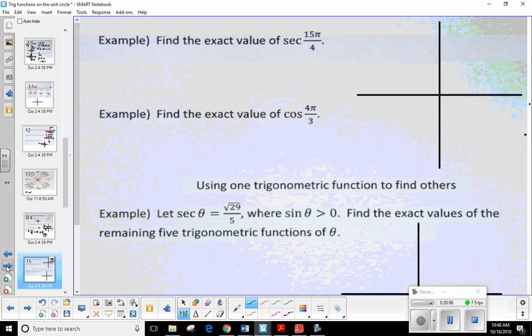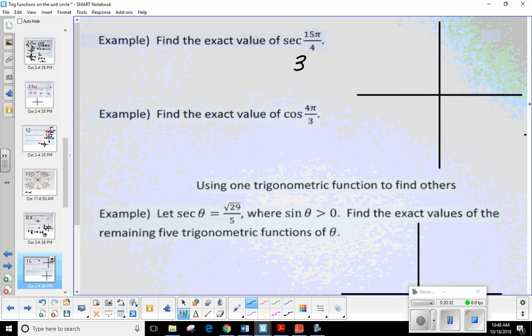All right, we should be able to get away with one more of these. Let's try this one. I want the secant of 15 pi over 4. First off, let's go ahead and find out where this guy's going to be. What would be the mixed number? 3 and 3/4.